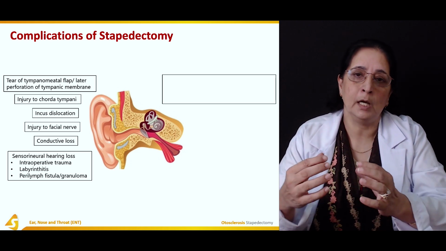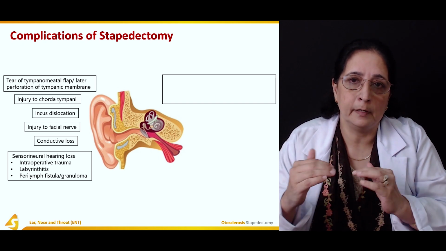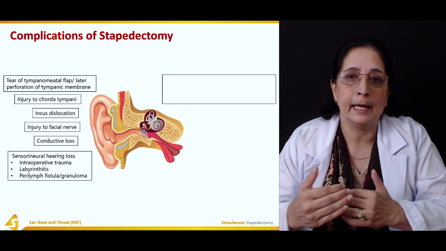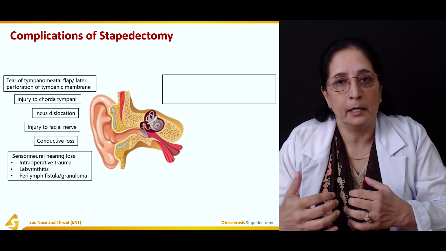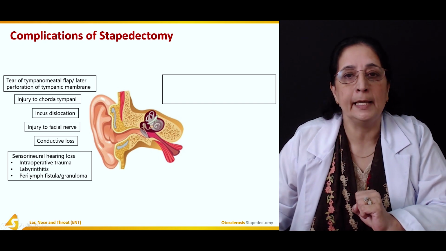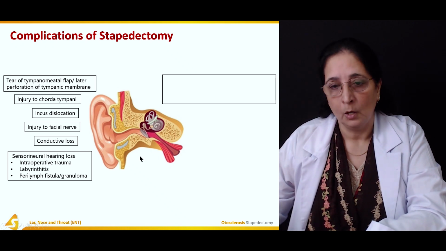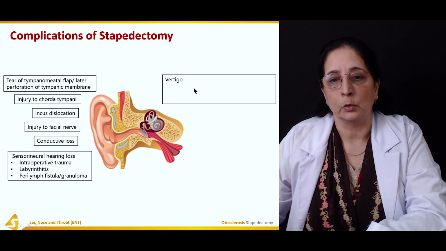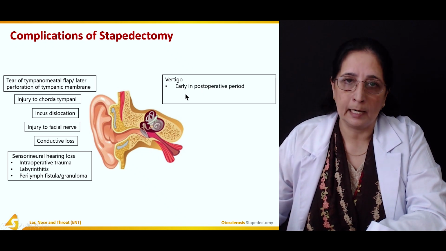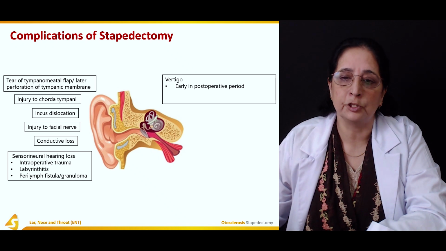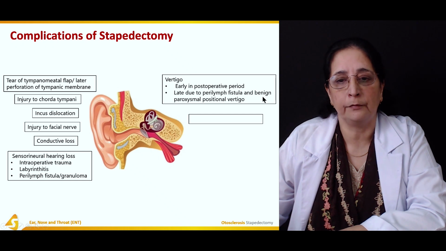Fistulas. Fistulas are connections between two structures. So if there is injury, it can later lead to formation of fistulas and drainage of the fluid, perilymph fluid. Granulomas are formed due to healing or old surgeries. Vertigo is present early, in the time after the surgery, and late vertigo is usually due to fistula formation.